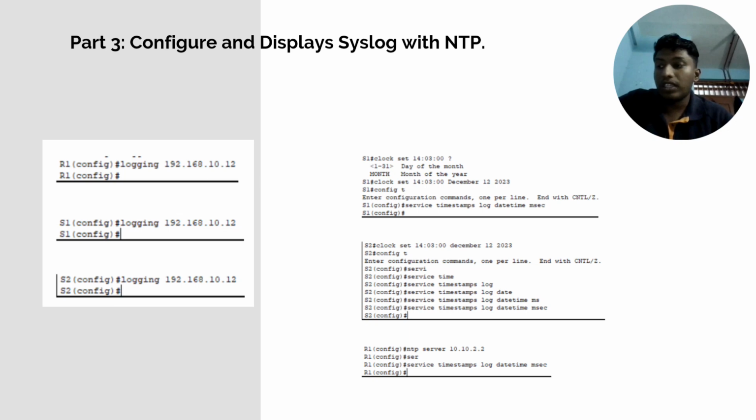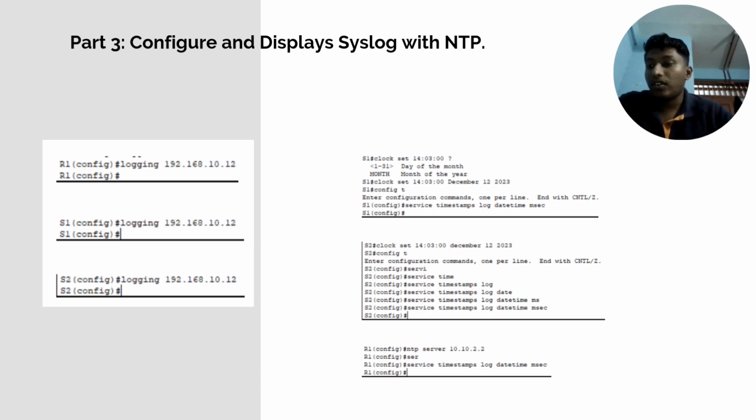It will be used on router 1, switch 1 and switch 2. So the command is logging 192.168.10.12. This is the IP for the syslog server.